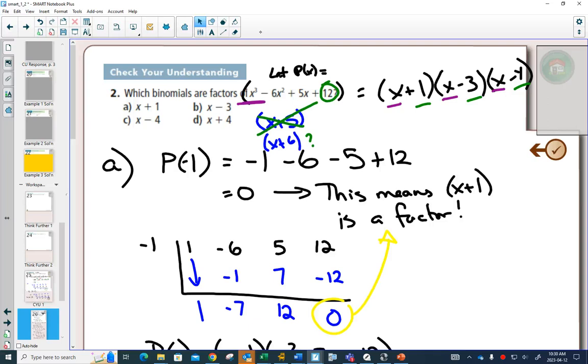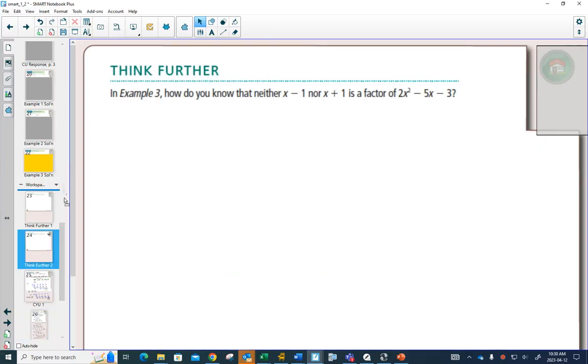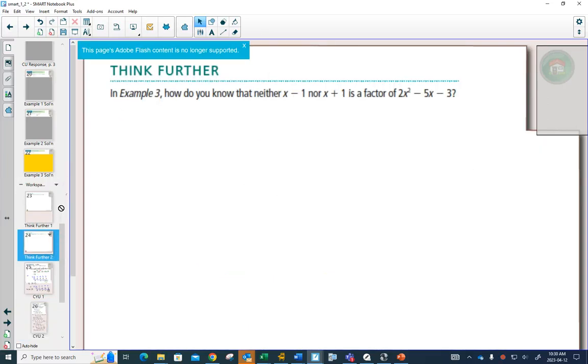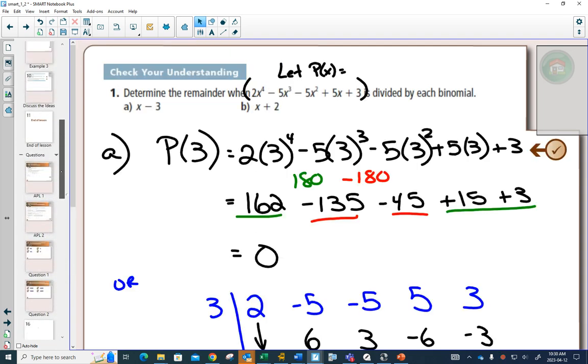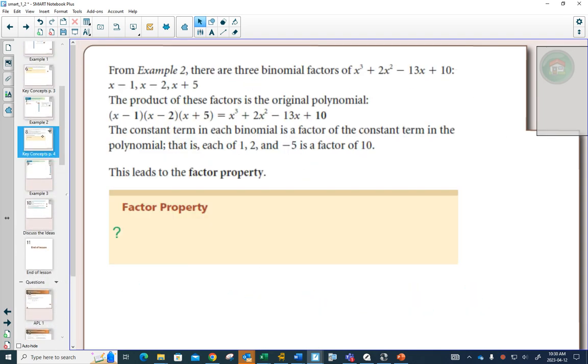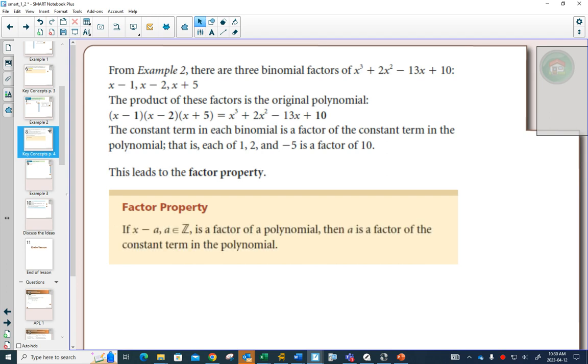And this is called the factor property. So if you want to highlight this, it is at the bottom of page 18.